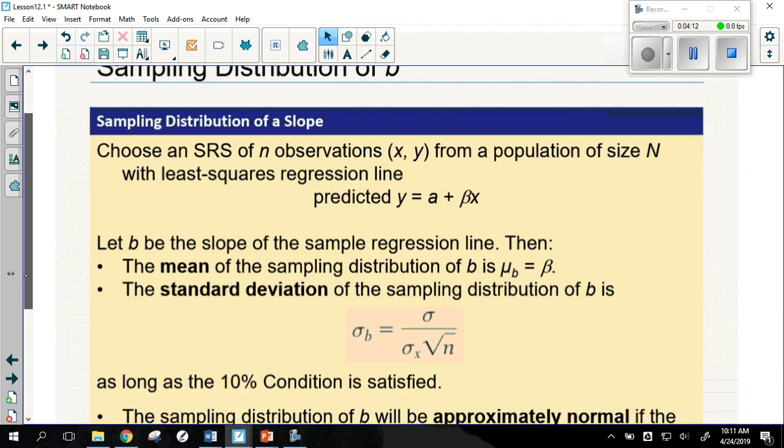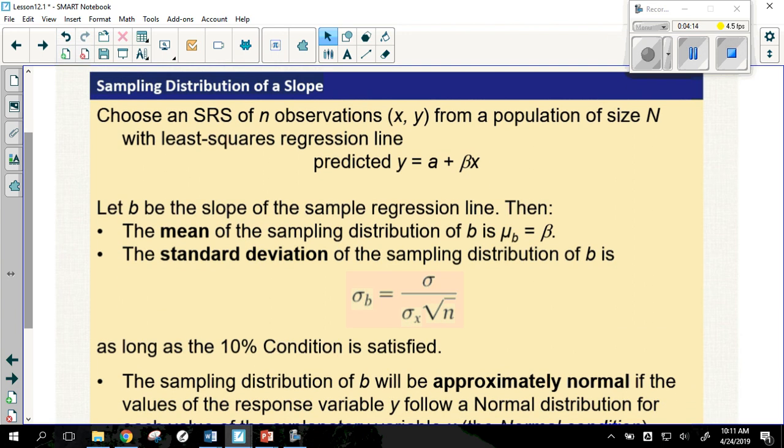So some formulas. We're looking at the sampling distribution of a slope. Remember, we've got a predicted y, or a y hat, equals a plus beta x. So we got a new variable in here, this beta, and beta is just the slope of our least squares regression line.